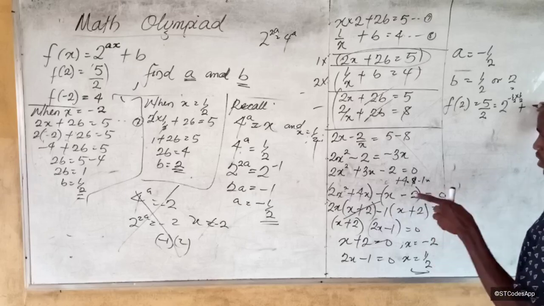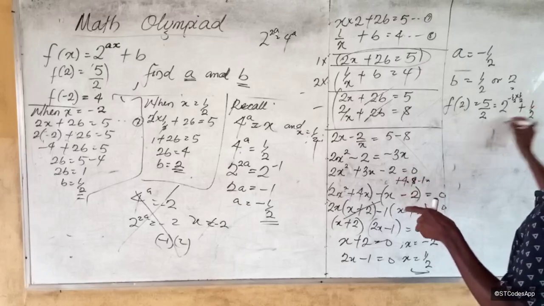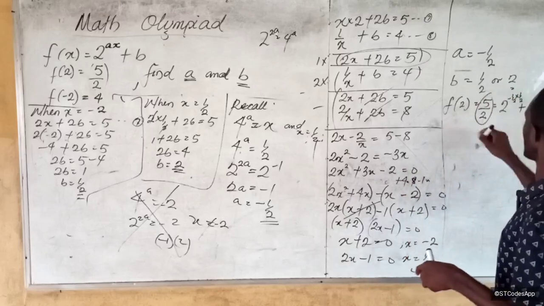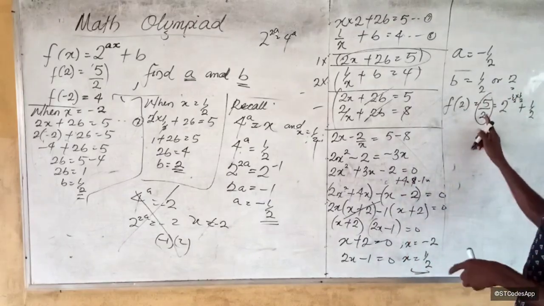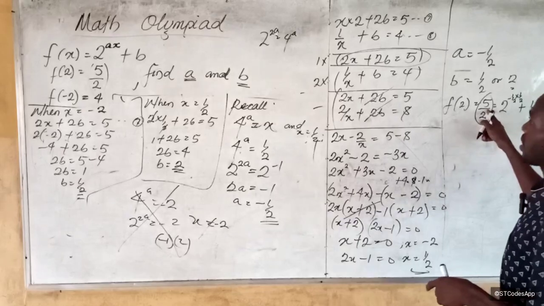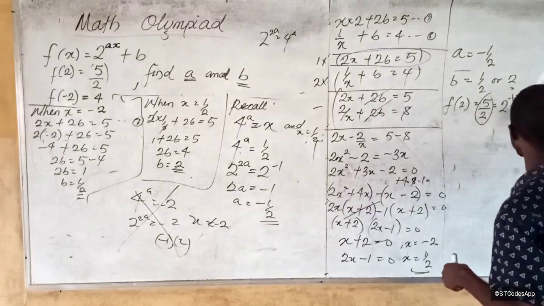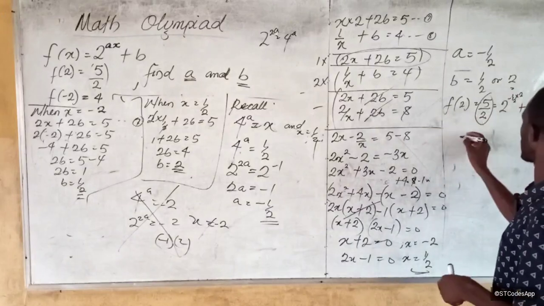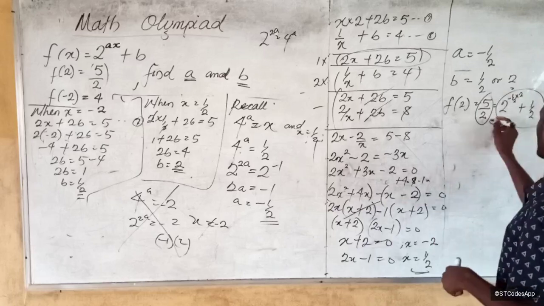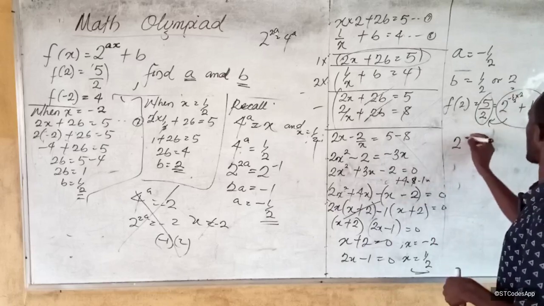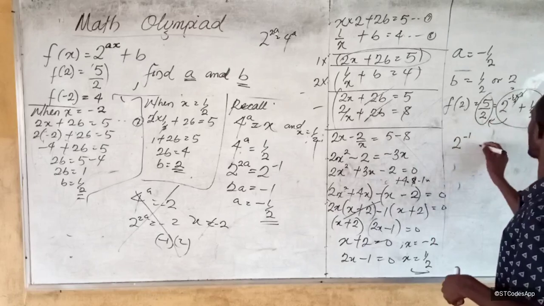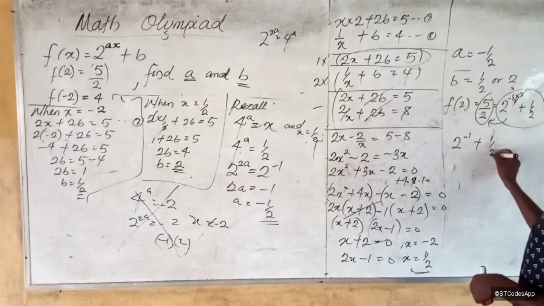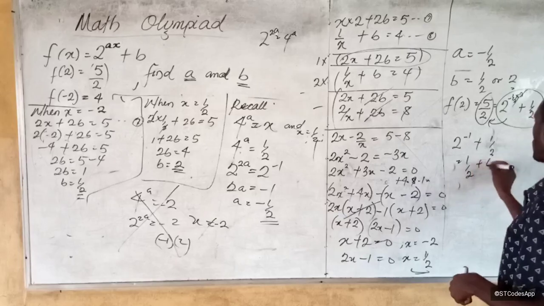Let's try the first value of b, which was 1/2. If we resolve this, can we get 5 over 2? X is now 2. So we have 2 raised to the power minus 1, plus 1 over 2. So it's 1 over 2 plus 1 over 2.